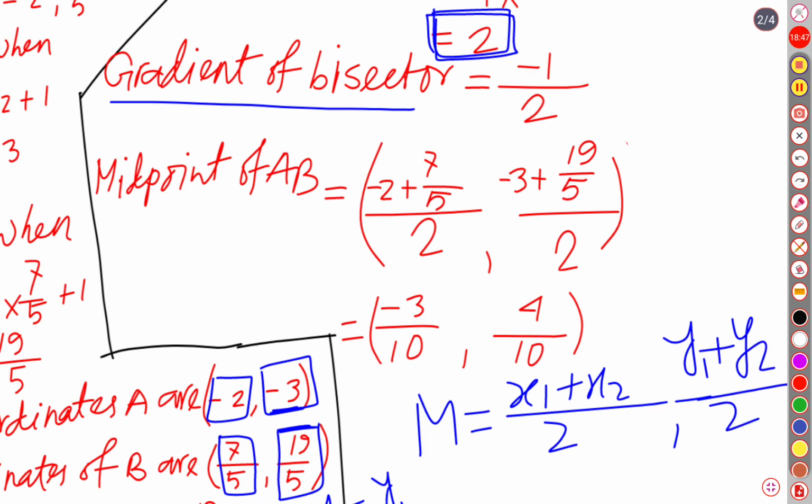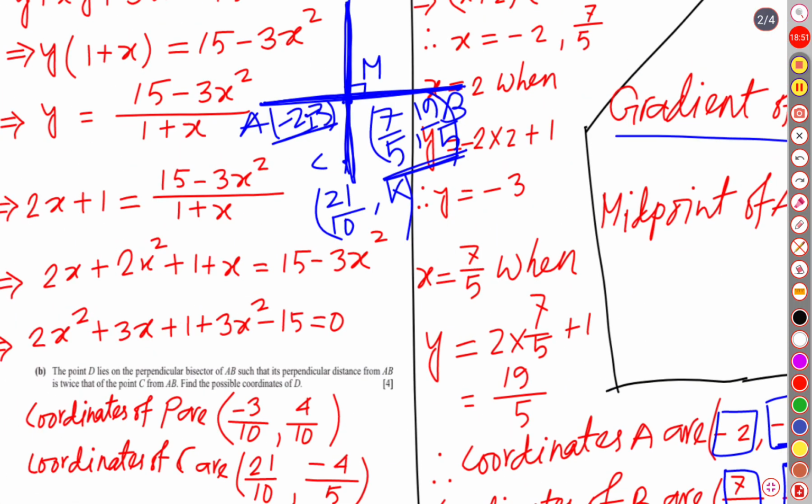So first, the x coordinate of A is negative 2. Once again I'm showing you, the x coordinate of A is negative 2, and the x coordinate of B is 7 over 5. So we have written minus 2 plus 7 over 5.